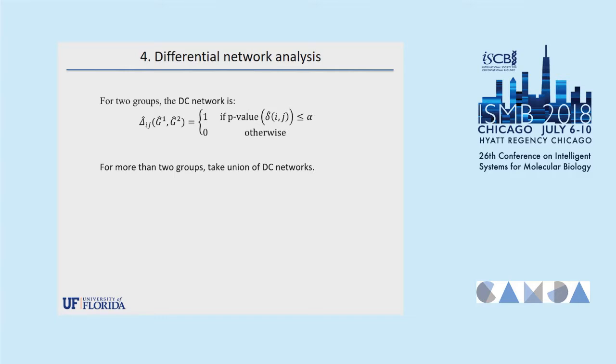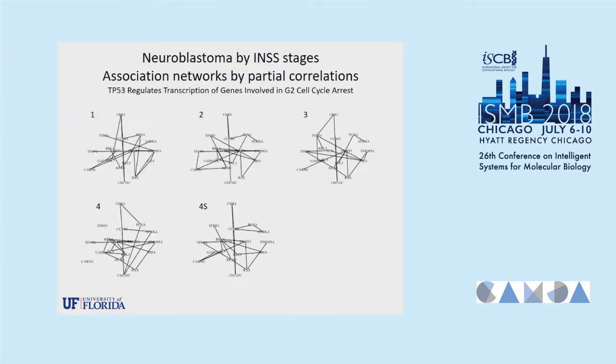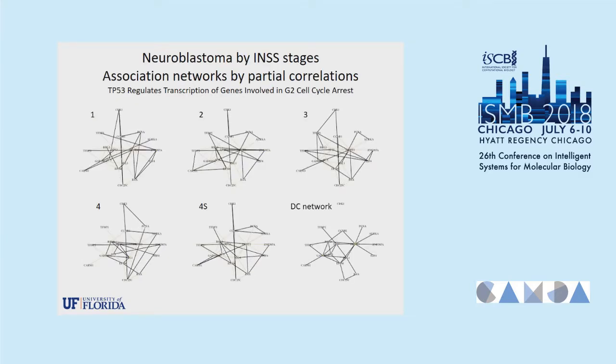You look at all of the individual connections that are significantly differentially connected, and if it is, then you have a connection in that network. And then if you have more than two groups, which we're looking at 5 groups, right? Stage 1, 2, 3, 4, and 4S. You just take the union of each pair of networks. Well, when we look at breast cancer, you'll see something that will probably make that clear.